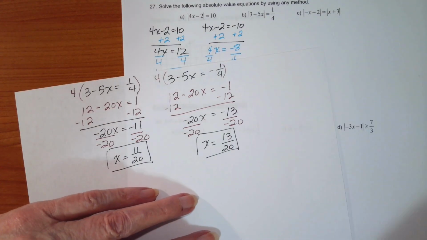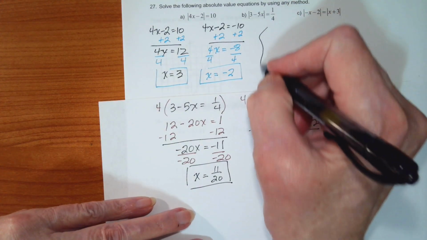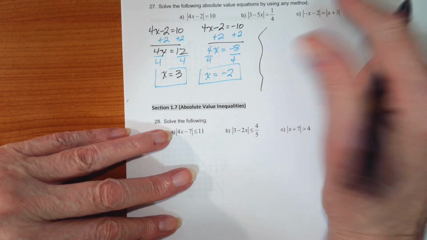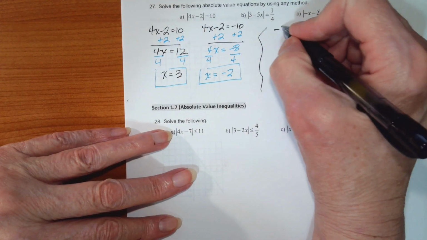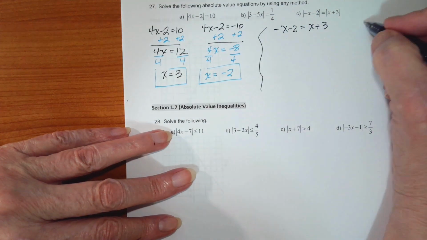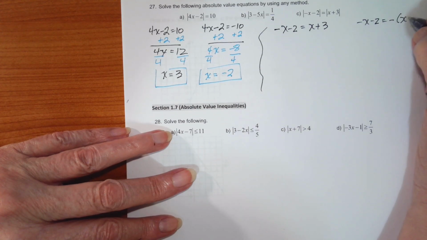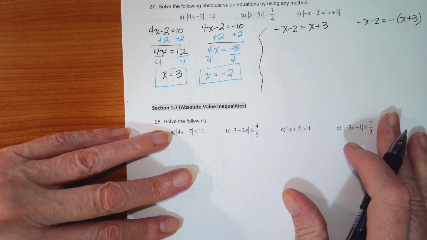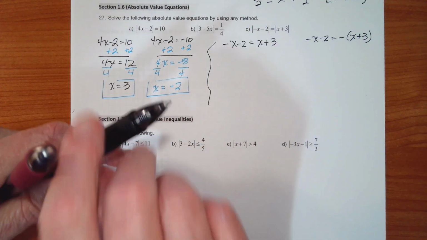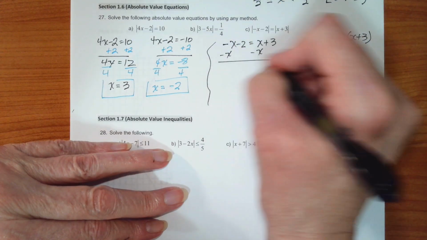Okay, so let's see what I've got here. So this one, actually, I think I've got room for this one. So we'll see what we can do. So I know that I can split this up, and this becomes negative x minus 2 is equal to x plus 3. Negative x minus 2 is equal to the opposite of x plus 3. All right, so I will subtract x from both sides.